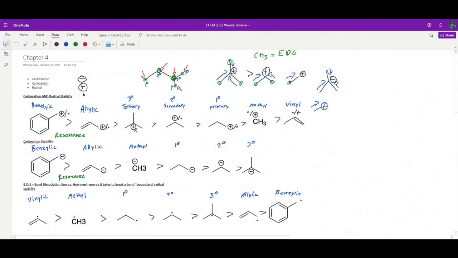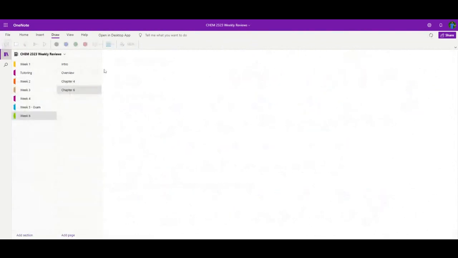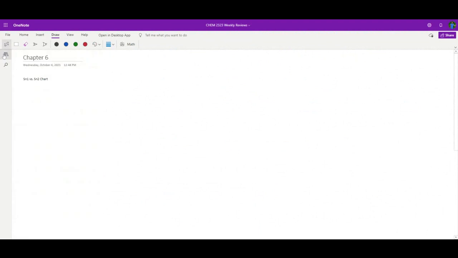All right. So next up we have chapter 6. I'm only going to briefly introduce SN1 and SN2, keeping time in mind, and next week we'll go in depth on SN1 and SN2.